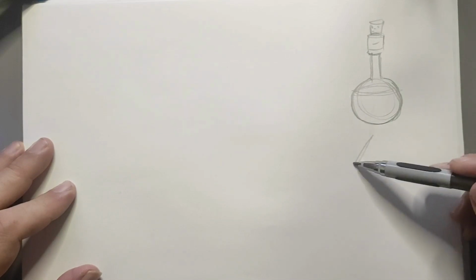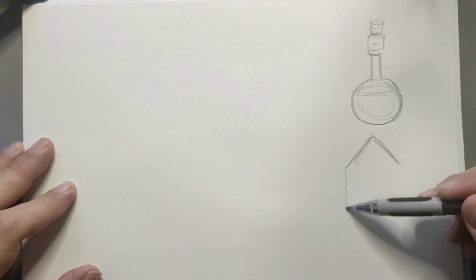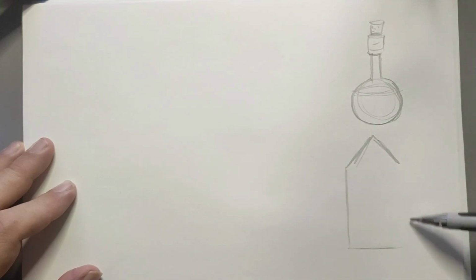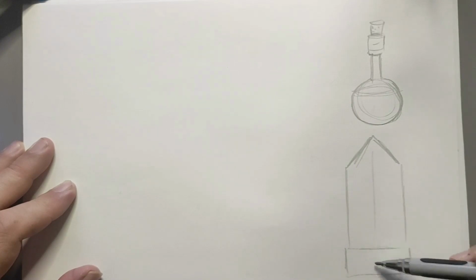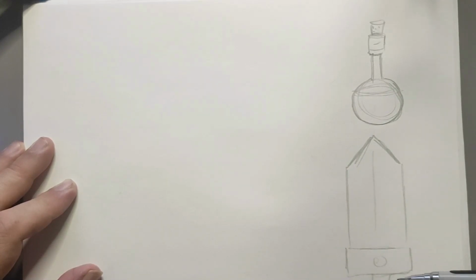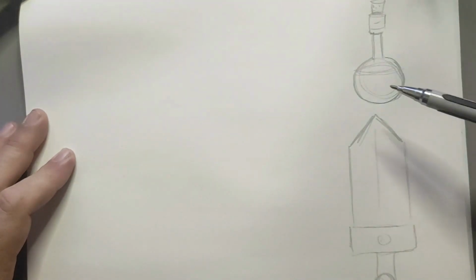If it's a sword, then I'll give it a broad angle at the tip, just to make it look less sharp. And here it is.